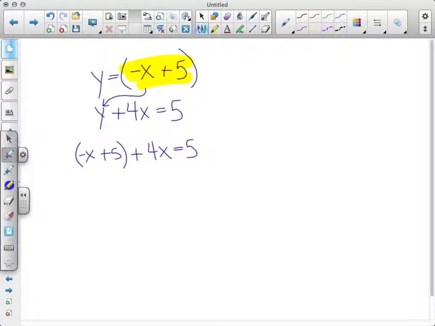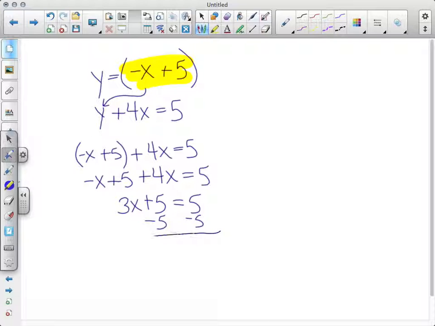And I put the parentheses in, though in this case we don't have to distribute anything. And then I can drop the parentheses and add like terms. So negative x plus 5 plus 4x. I'm going to add the x's together. 4x minus x is 3x, plus 5, so I'm going to subtract 5 from both sides.